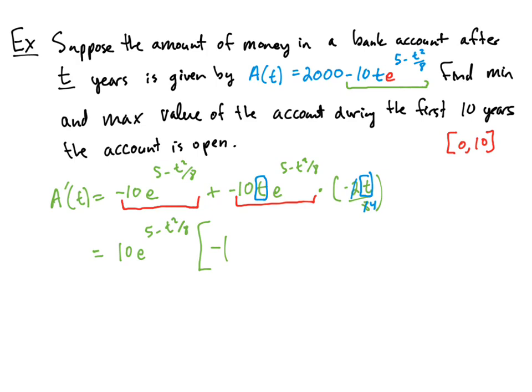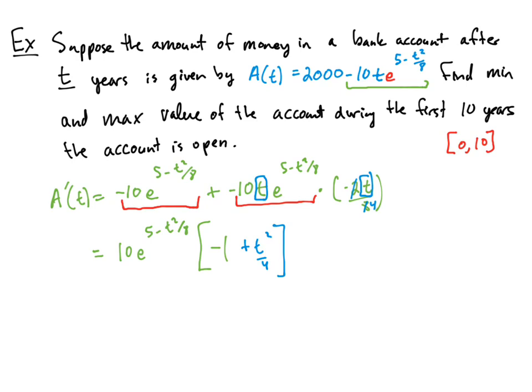So negative t times negative t is positive t squared over 4. A little messy there, but if you're not following that, pause the video and see if you can get to what I'm getting at.